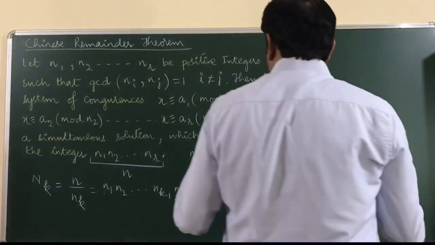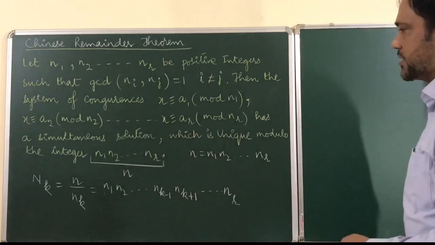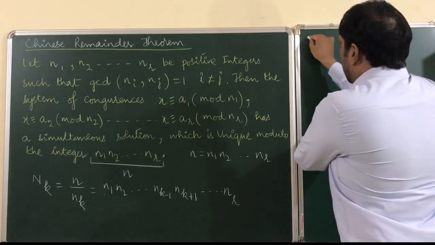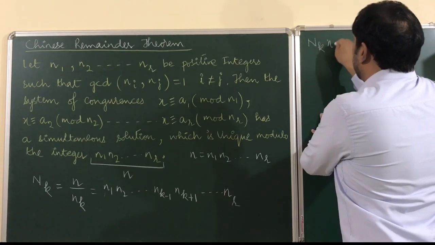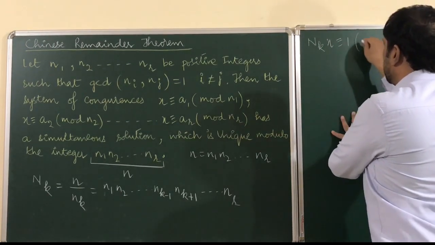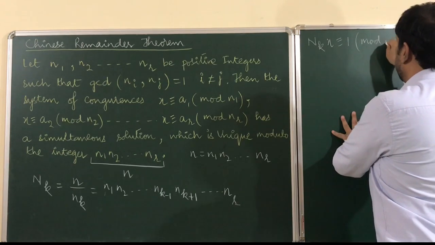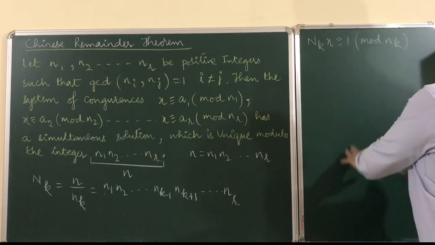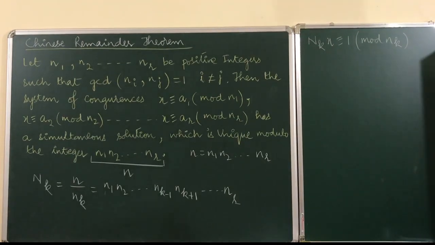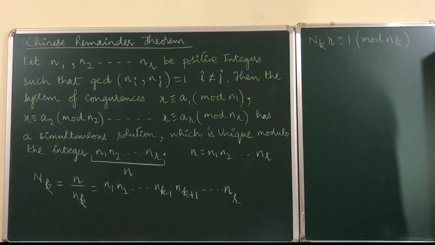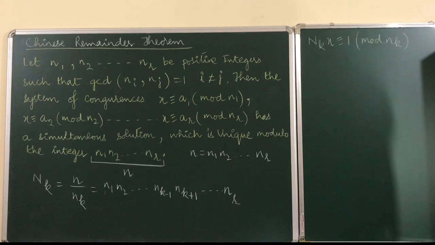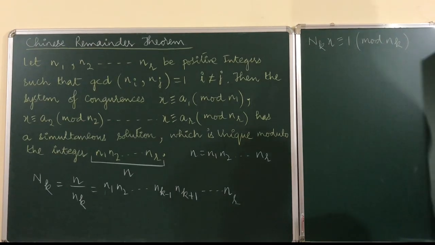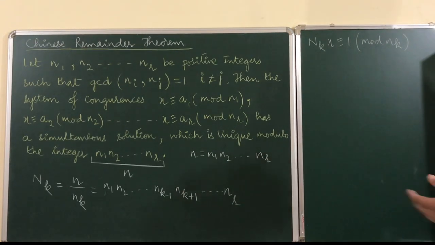Now, in order to satisfy this system of congruences, we must have the equation Nk x congruent 1 modulo nk. If I write k equals 1, we will be dealing with equation number 1. If I write k equals 2, we will be dealing with equation number 2. And finally, if I write k equals r, we will be dealing with the final equation.